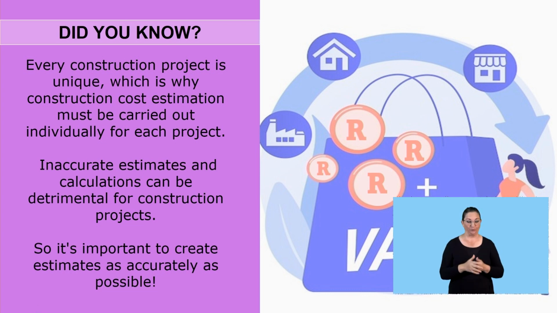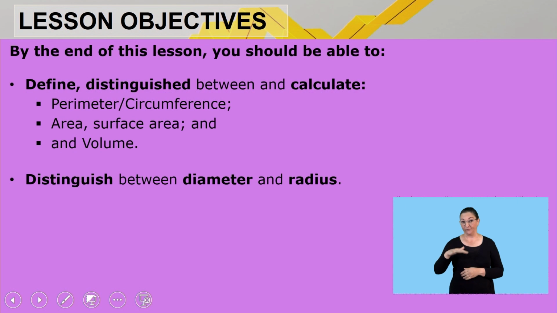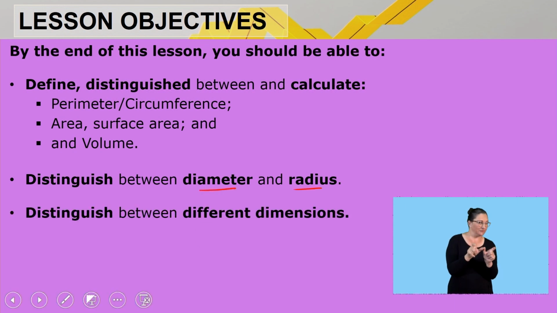Alright, so guys, what are the lesson objectives? By the end of this lesson, you should be able to define, distinguish, and calculate perimeter or circumference, area, surface area, and volume as well. You must also be able to distinguish between diameter and radius, and distinguish between different dimensions, whether it's length, breadth, width, or height.